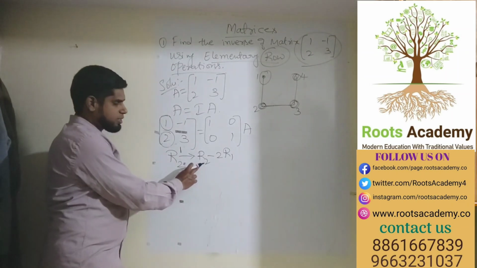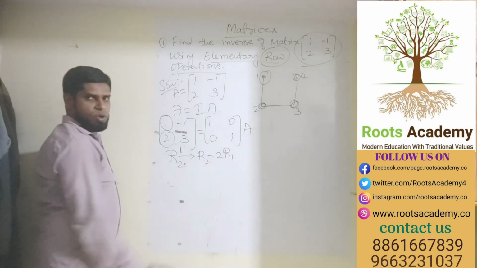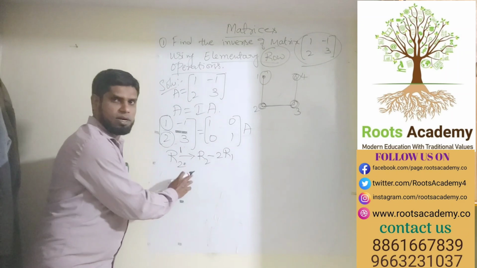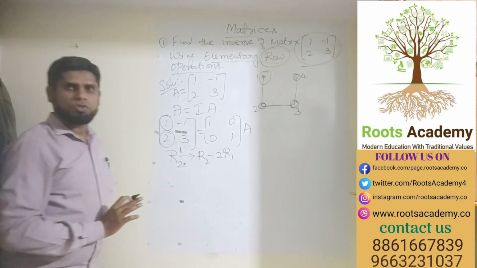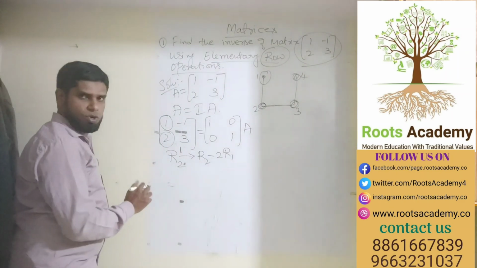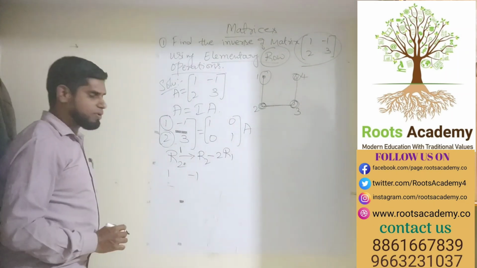R2 is getting subtracted by 2 times the first row. Now, it means the first row I am not changing at all. So the first row remains the same. There is no change in the first row. So I will keep it as it is, 1 minus 1.